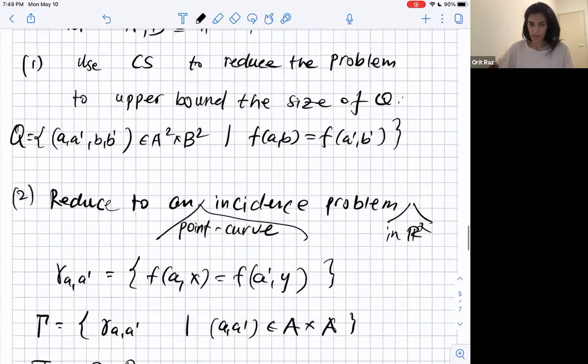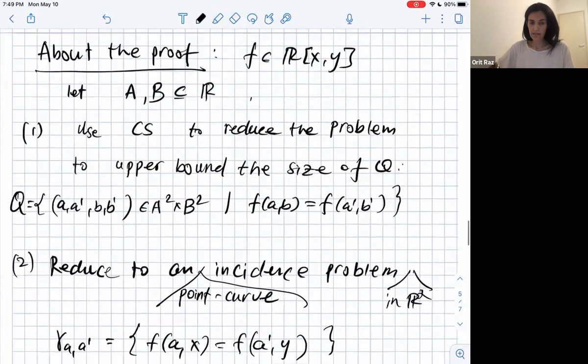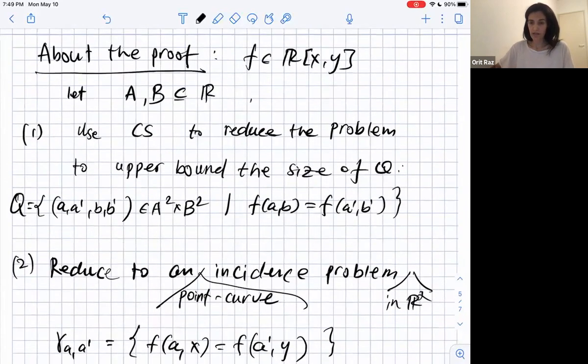And now when we approach the discretized setting, we wanted to do something similar, and we knew more or less what to expect. We wanted to move to quadruples. So instead of a lower bound on the image of f, we'll try to upper bound the number of such quadruples. We look at this equation, which is just a three-dimensional surface in R^4.